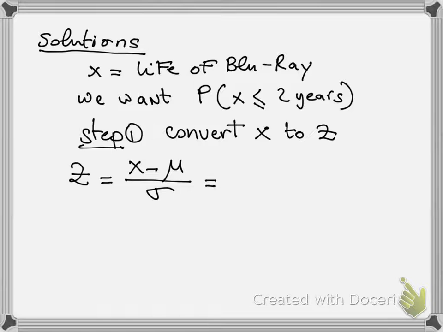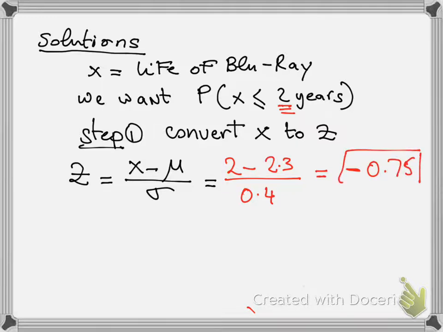Here x is 2, so this is 2 minus mu, the mean, that's 2.3 years, over the standard deviation sigma, which is 0.4 year. That will be equal to negative 0.75. That's the corresponding z-score.